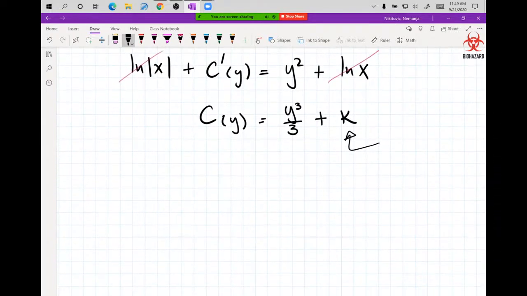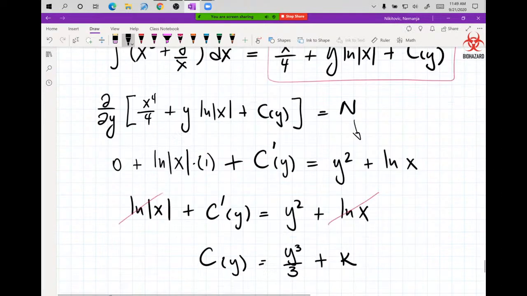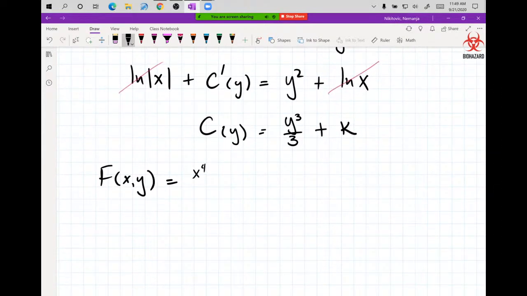And now we're ready to write our solution, right? Our f of x, y is equal to our good old function from above, x to the 4 over 4 plus y ln x plus y cubed over 3 plus k.